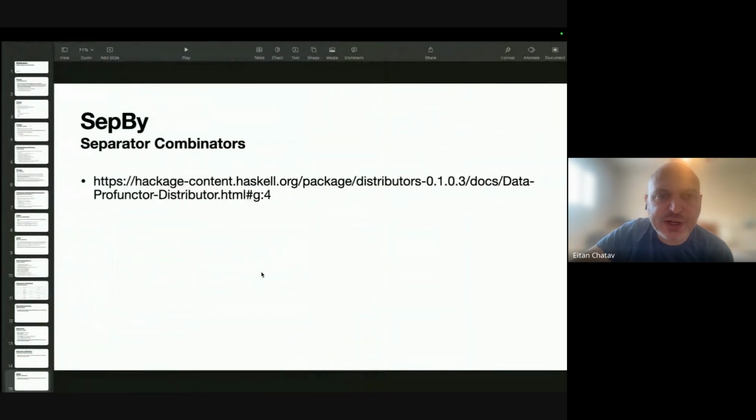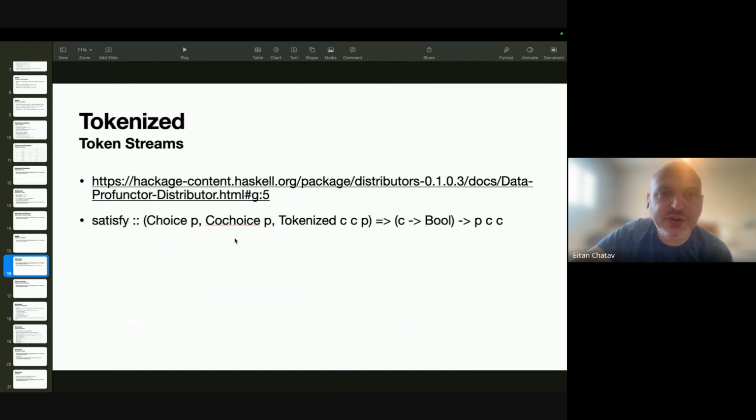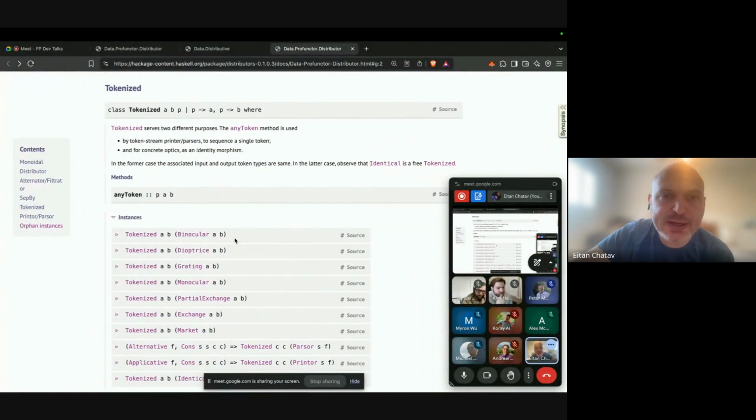And the next thing to talk about is this tokenized class. And this is a kind of funny one. It's saying for a P, all it really tells us is that we can determine some A and B from P, and that we have any token, which gives us PAB.